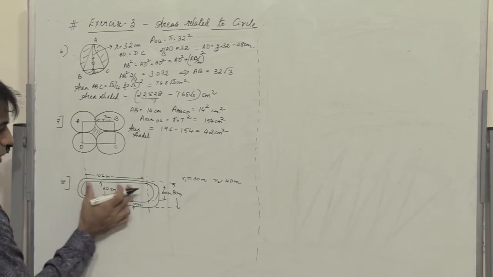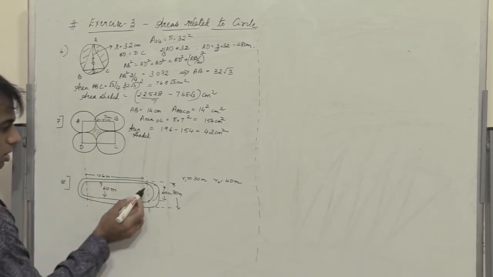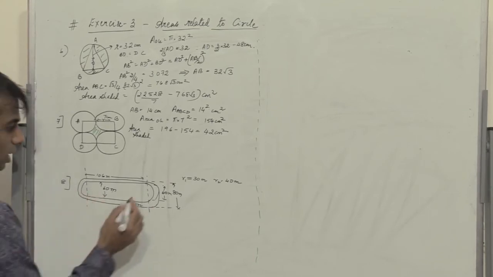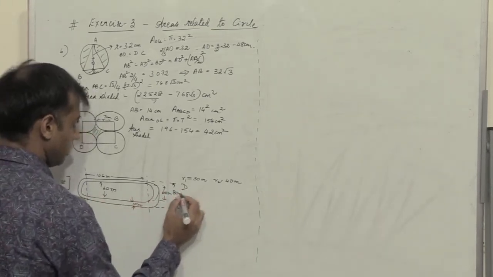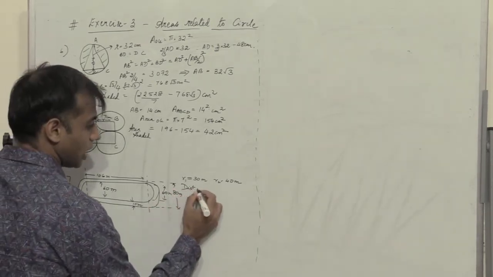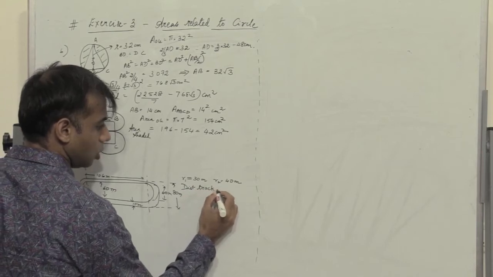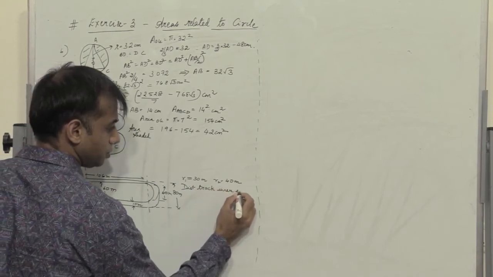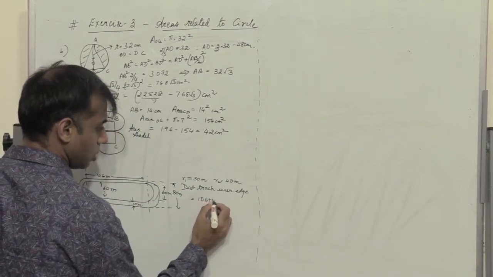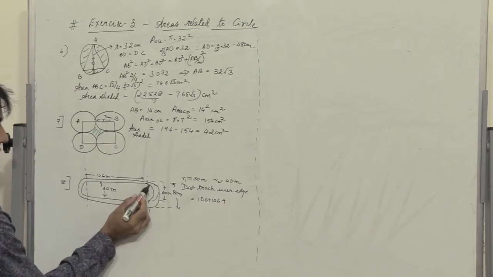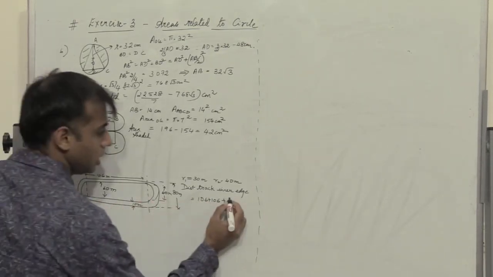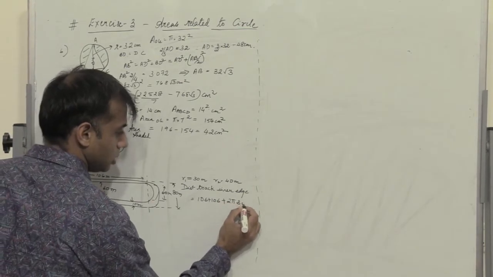So this distance is 106 plus 106 plus the circumference of the inner circle, which is 2 pi r. So the distance of the track along the inner edge would be 106 plus 106 plus, this is half the circumference plus half the circumference, which is going to be 2 pi r, which is 30.